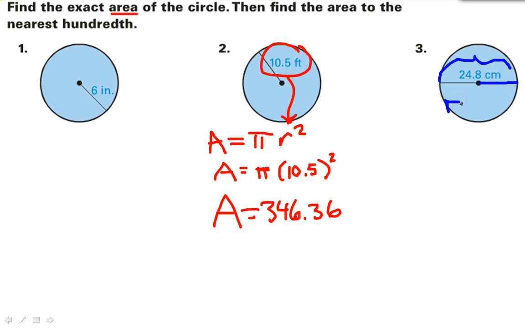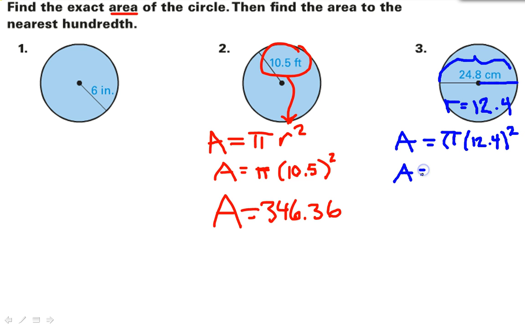So the diameter divided by 2, that's going to be 12.4. Okay, so the radius is just 12.4. Then it becomes exactly like problem number 2 again. So that's going to be pi times 12.4 squared.